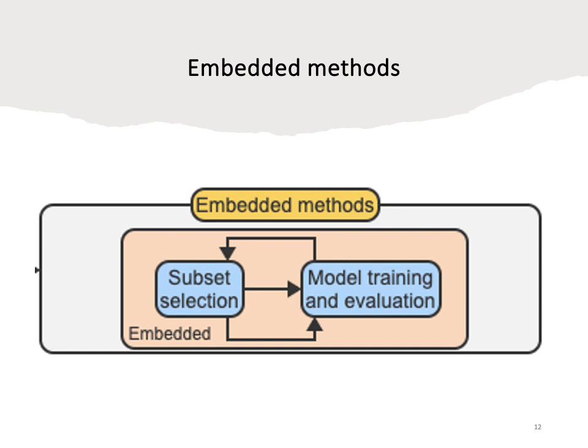They typically incorporate feature selection as a step within the algorithm or model training itself, so you do not need a separate step to perform feature selection. It's already embedded in the model training.